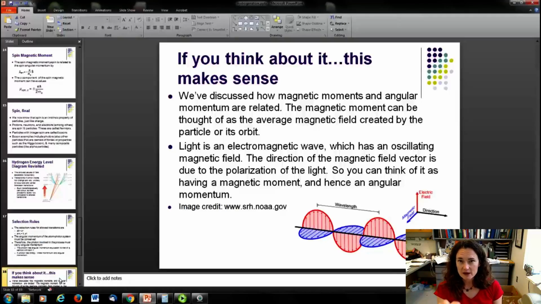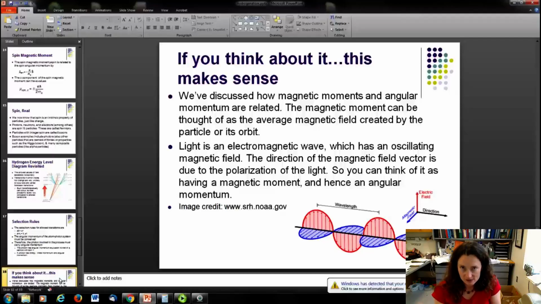Well, if you think about the magnetic moment as sort of an average magnetic field created by a particle or the orbit of a particle, and you think about the fact that light is an electromagnetic wave, right? Light is a self-propagating, oscillating electromagnetic wave, right? So what that means is it's got an electric field and it's got a magnetic field, and they're bobbing back and forth, okay? So it's an oscillating magnetic field there.